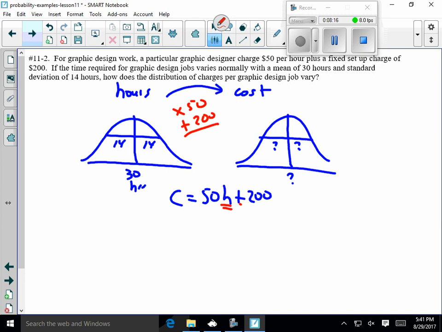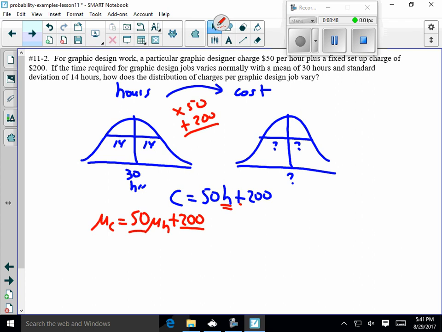So the way I could think of this is that the mean of the cost, right, is going to be the 50 with the multiplier. That's going to affect everything. So 50 times the mean of the hours, right? And additions, those are shifts, and those things do affect measures of center. So we would add the plus 200 on there. So both the multiplication and the addition affect the mean, right?